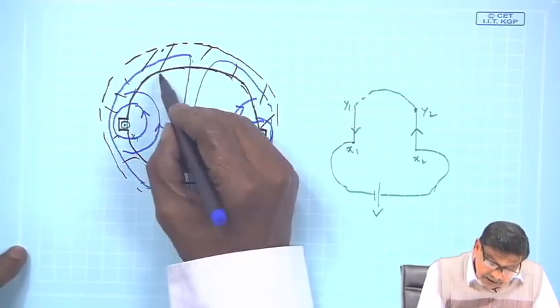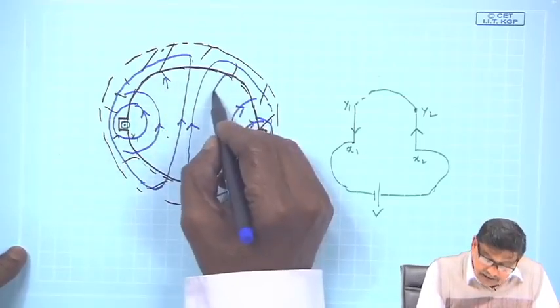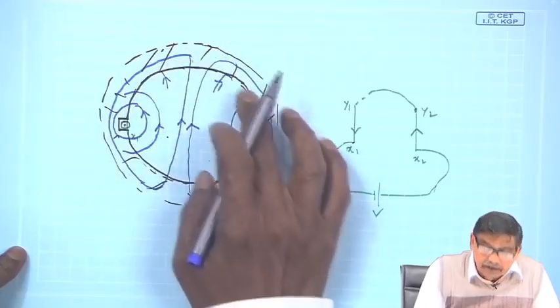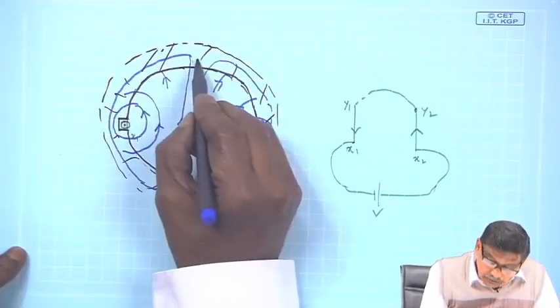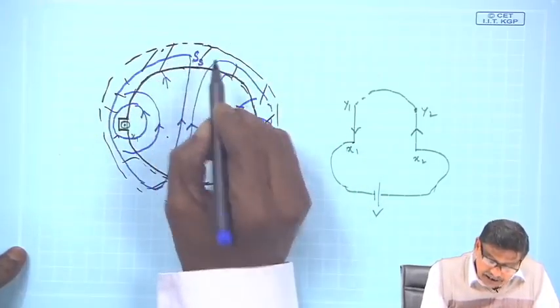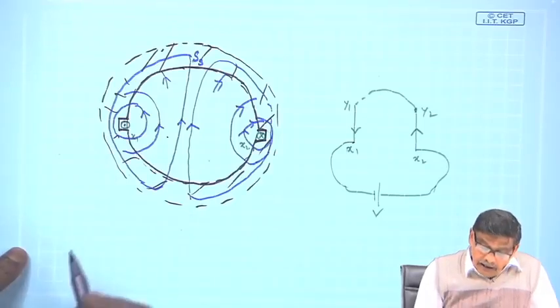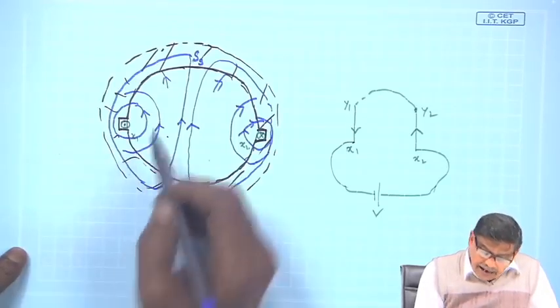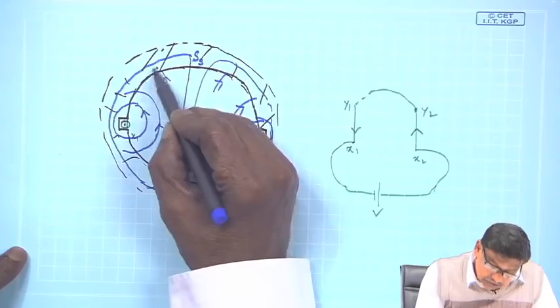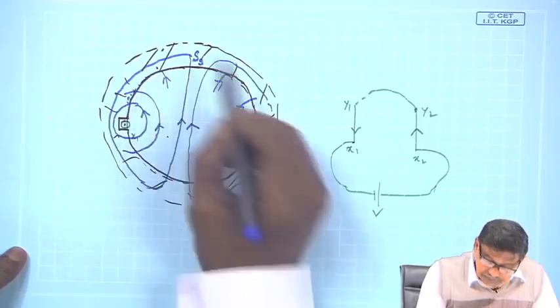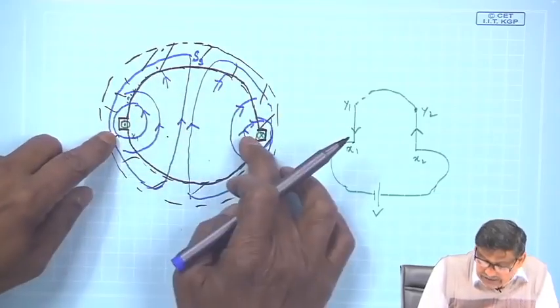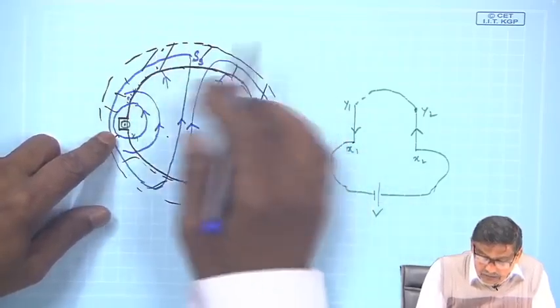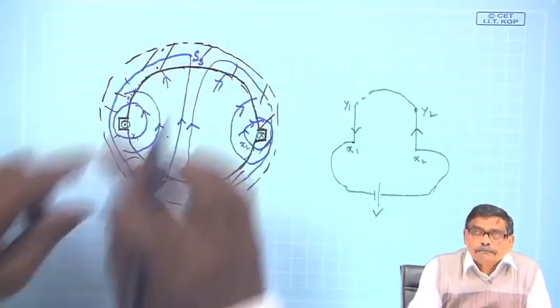As I told you earlier, lines of force terminating on the iron part is your south pole. So, your S_S will be here, and this S_S exists here also, that is, half of this stator structure will become south pole.